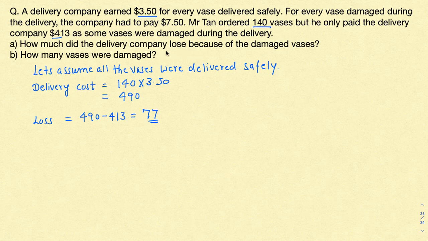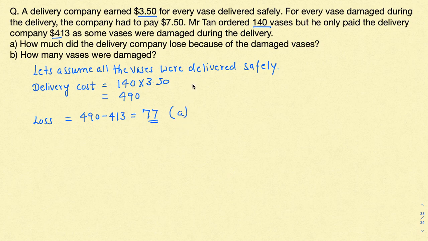So that answers our part A, because the question was how much did the delivery company lose because of the damaged vases. So the company should have got $490 if all the vases were delivered safely, but it got only $413. So how much was the loss? 490 minus 413, right? So that answers our part A.